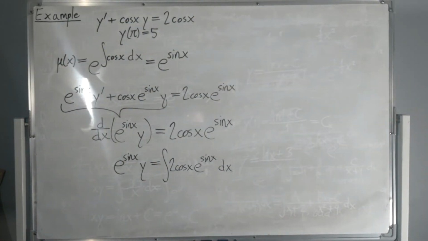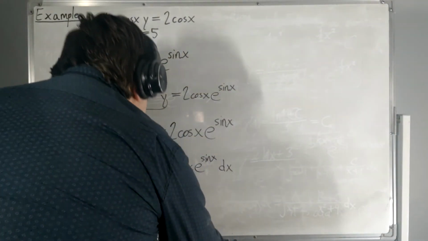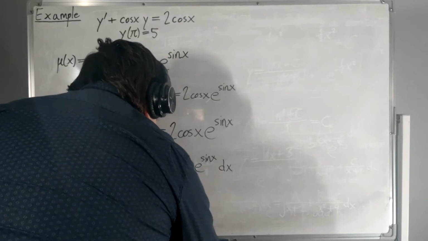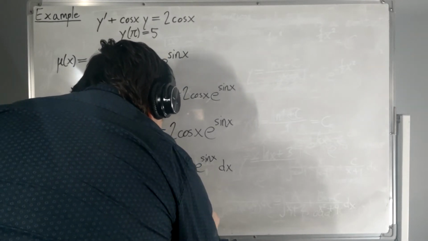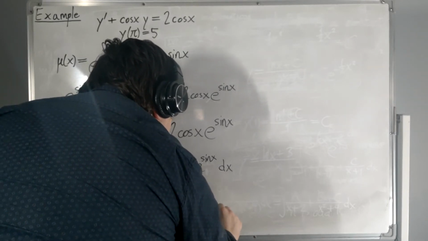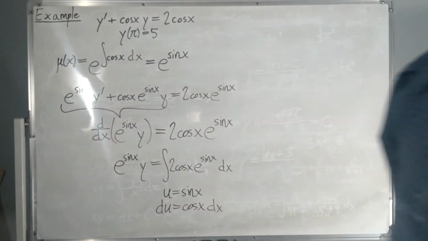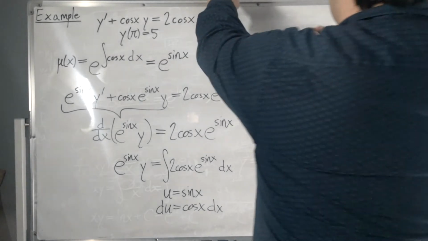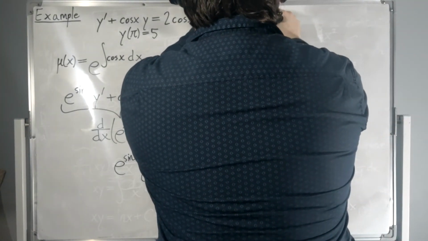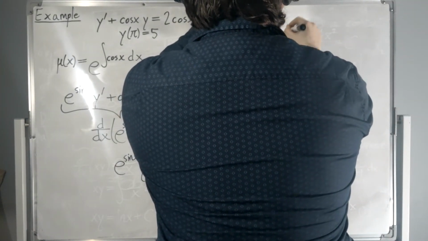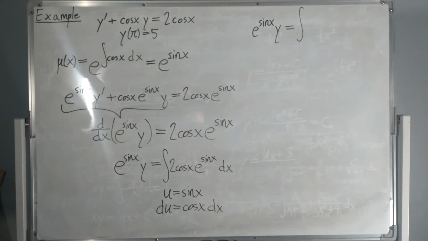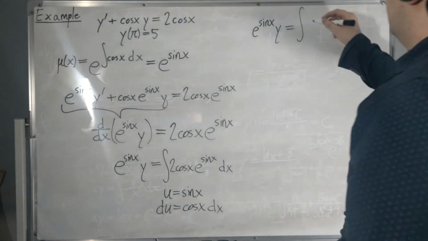That is another u substitution problem, because if you set u to be sine of x, du ends up being cosine x dx. Therefore, we get here e to the sine of x times y equals the integral of 2e to the u du.